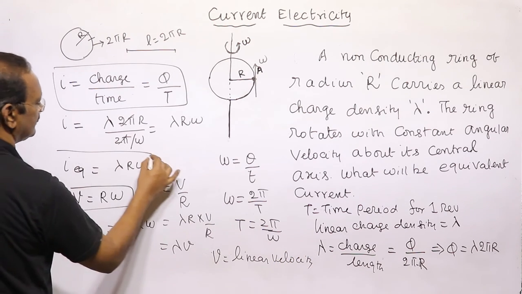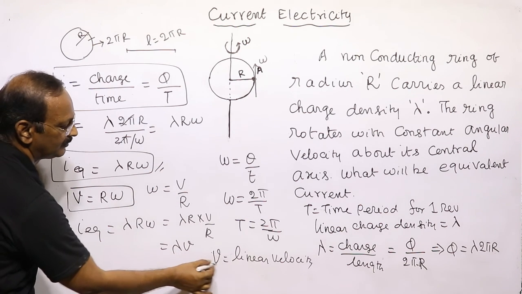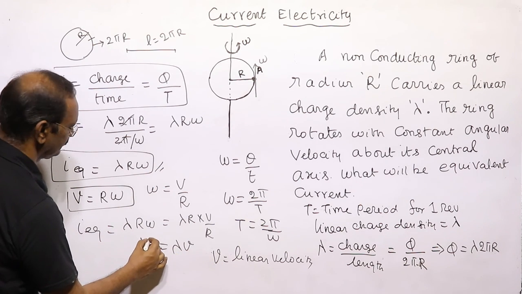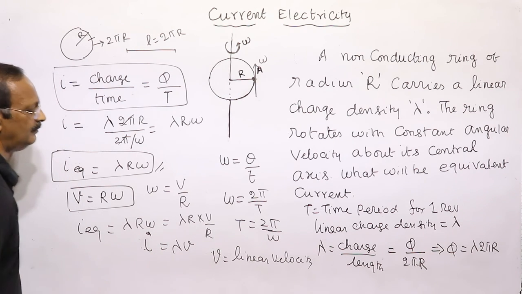We can write it this way also; this is the answer. I equivalent is equal to lambda into v.